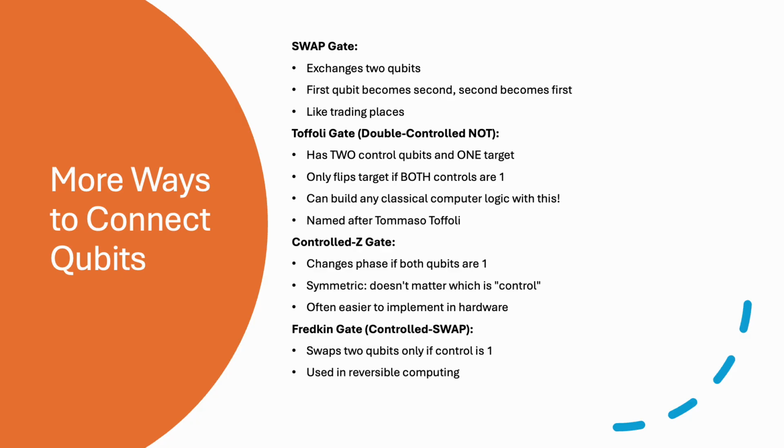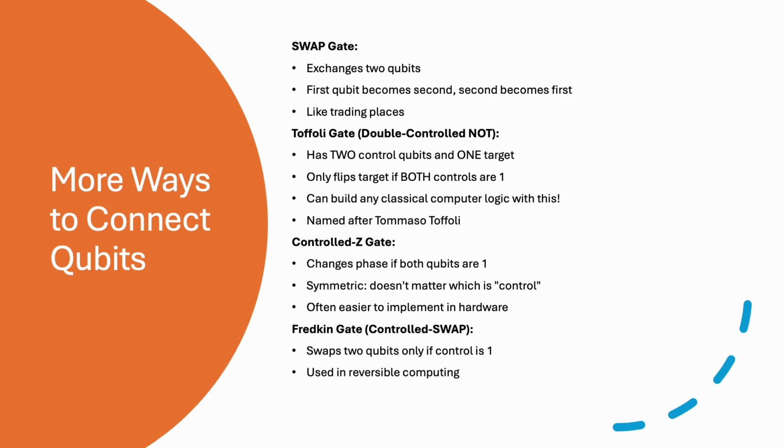Beyond CNOT, there are several other multi-qubit gates that are useful in quantum computing. The swap gate is one of the simplest to understand. It exchanges two qubits. If you have one qubit in state 0 and another in state 1, swap will flip them so the first is now 1 and the second is 0.